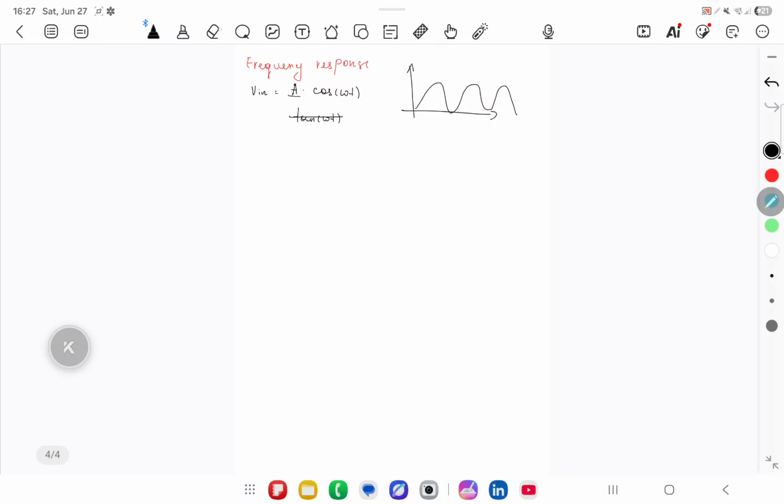So the properties of this kind of function are usually gain, frequency, and network function. The first one is gain. Gain tells us whether the signal is amplified or reduced.